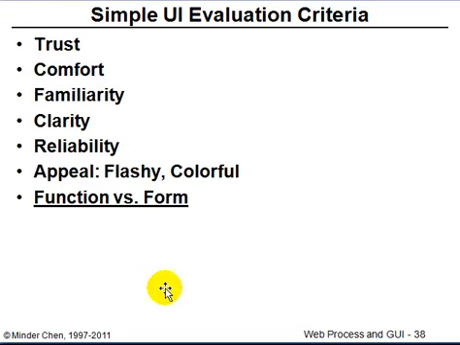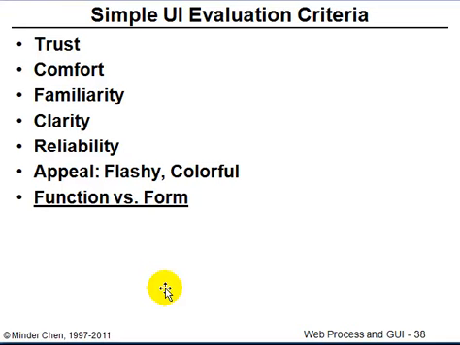Once you have your website designed and developed, you want to evaluate your site. Here are some simple user interface evaluation criteria. The site needs to look trustworthy. People need to feel comfortable with it. Don't make it too crowded, too messy. Try to have a layout that is familiar, with clarity, and the system has good performance, so it's reliable.